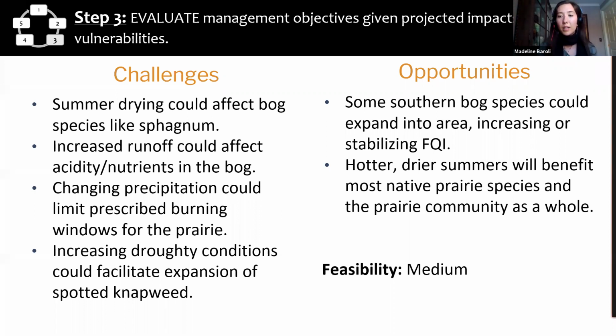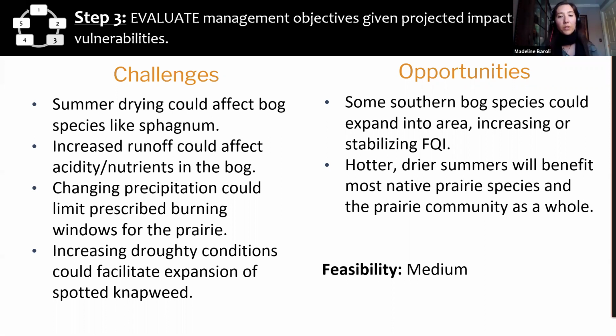But they did manage to also identify some opportunities presented by climate change. They think that the native plant diversity could actually be bolstered by some more southern bog species expanding into the area. They also expected those hotter, drier summers to benefit a lot of the prairie species that are native to the area.